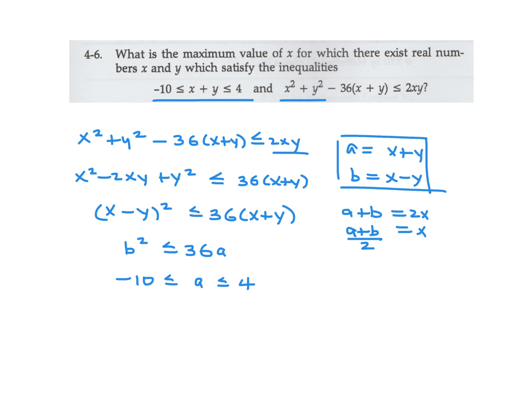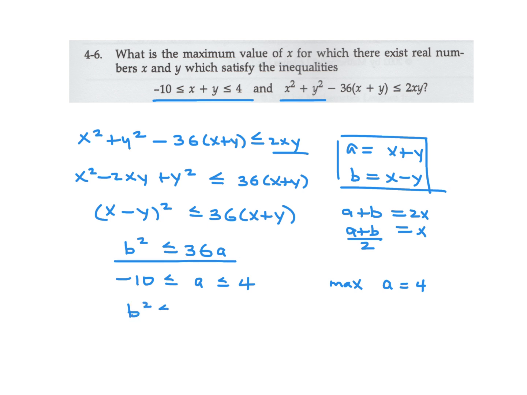I got it. So we want the maximum value for x. Since we're looking at maximum values, let's look at the maximum of a. The maximum for a is 4, correct? Let's plug that in.